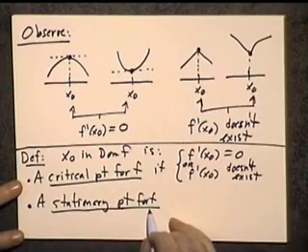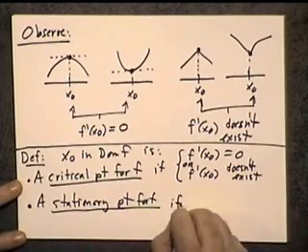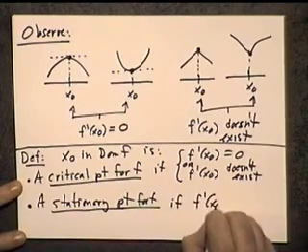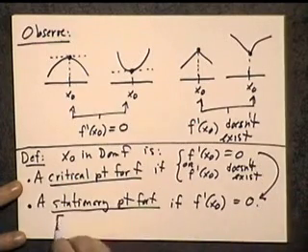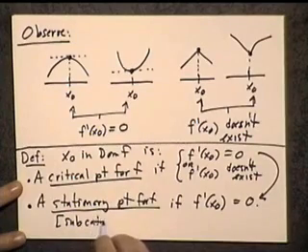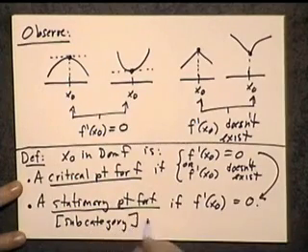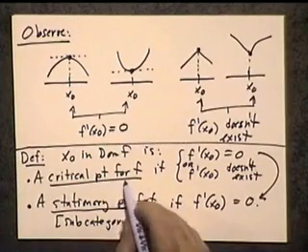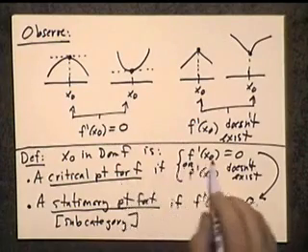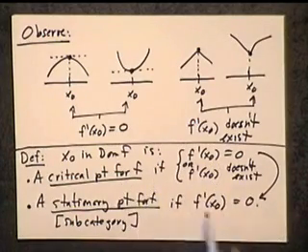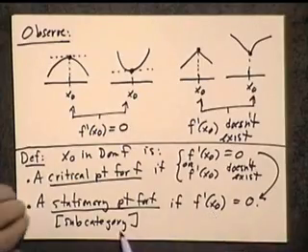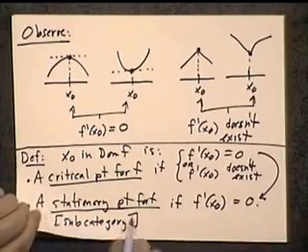A stationary point for f happens if the derivative at x naught is simply 0. So what we've got here is a subcategory of critical points. If you want to have all the points where the derivative is 0 or doesn't exist, you'd call them critical points. The ones where the derivative is 0 are called stationary points. And that just makes things a little easier to talk about.